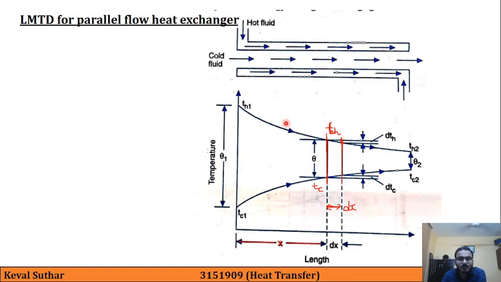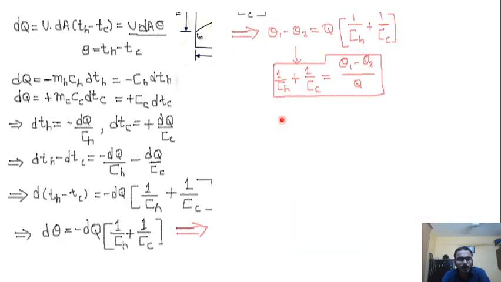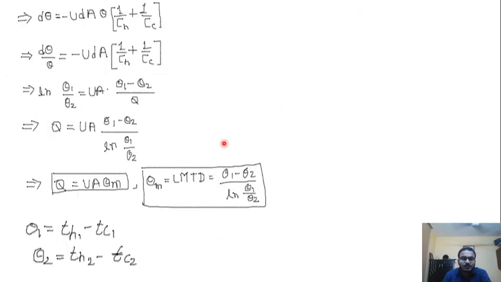First we calculated the logarithmic mean temperature difference for a parallel flow heat exchanger. This is the way we derived the value of theta m, the LMTD, which is equal to theta 1 minus theta 2 divided by log theta 1 by theta 2.